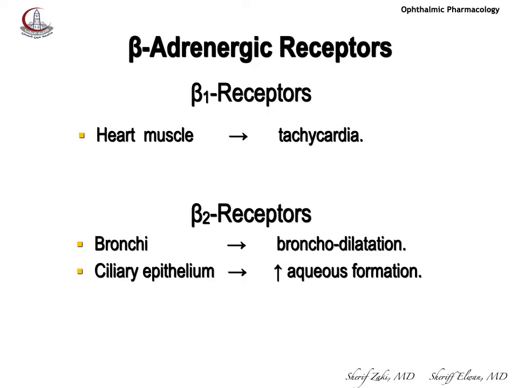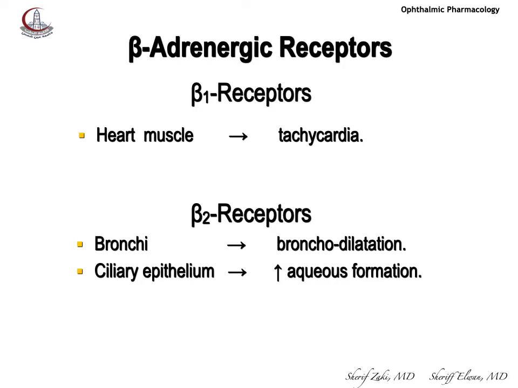Beta-adrenergic receptors are again classified into beta 1 and beta 2. Beta 1 receptors are cardiac, found in the heart muscle, and once stimulated they lead to tachycardia, while the beta 2 receptors are found in the ciliary epithelium and have a contrary effect to the alpha 2 receptors, that is, they increase aqueous formation.